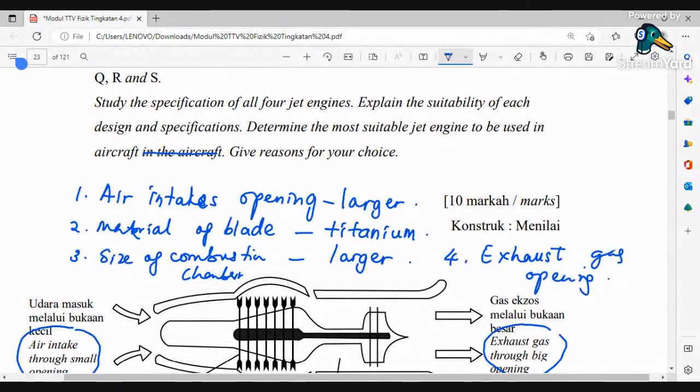The next aspect, exhaust gas opening. Untuk exhaust gas opening kita ambil juga ialah small. Kenapa smaller? Because we want the gas to come out at high speed. Okay, high pressure, high speed.